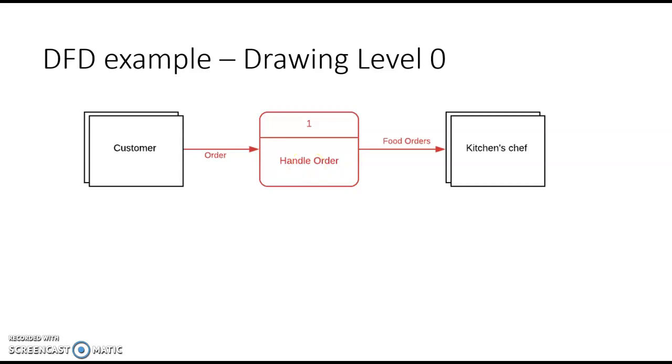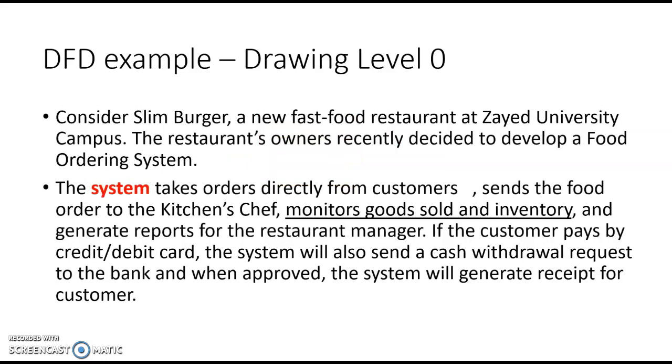So we've just finished 2 data flows now. Let's continue. The second process is an internal one. This one that we talked about in the context diagram is an internal one: monitors goods sold and inventory. It's a task that is done internally by the system, and it doesn't actually deal with any data flow.